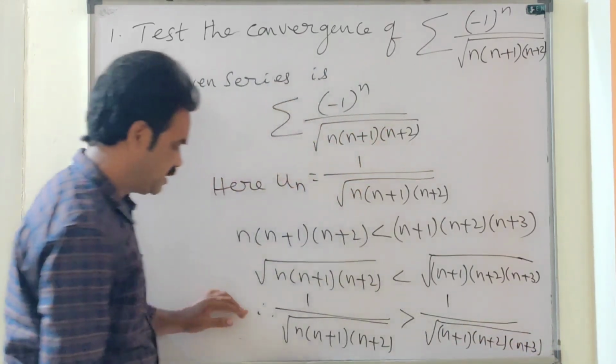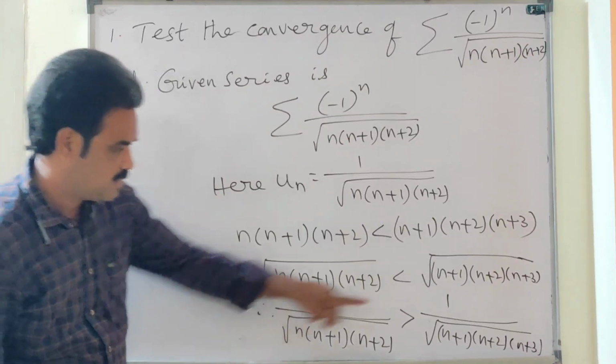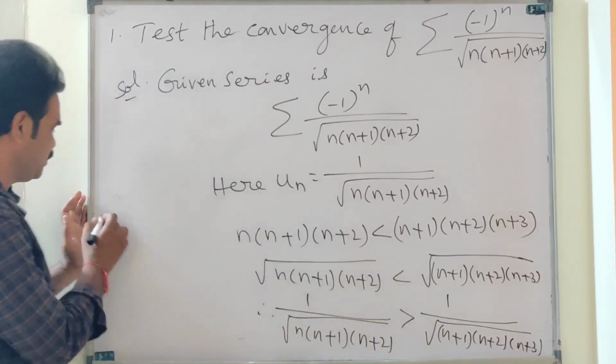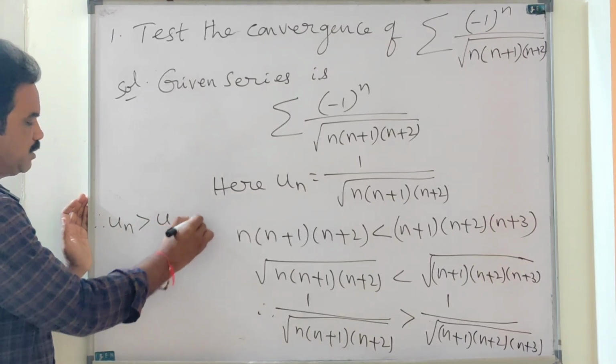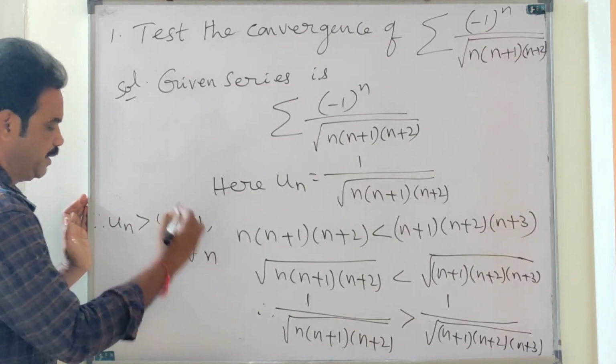But this is un and this is un plus 1. Therefore, un is greater than un plus 1 for all n.